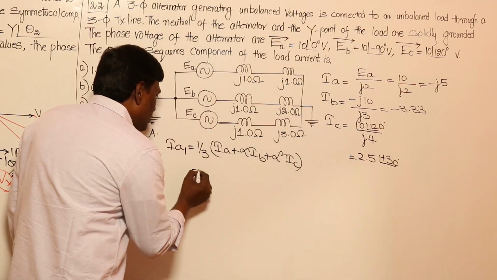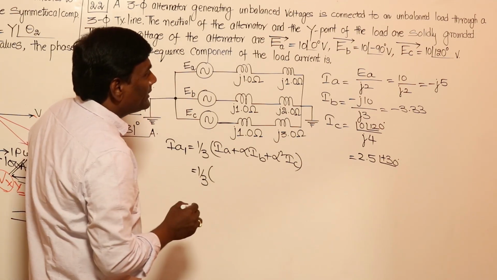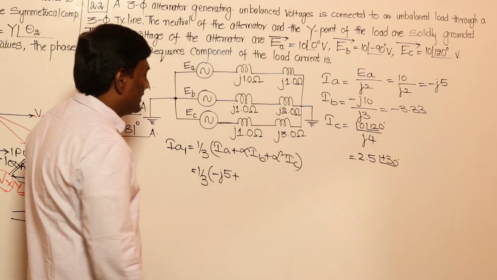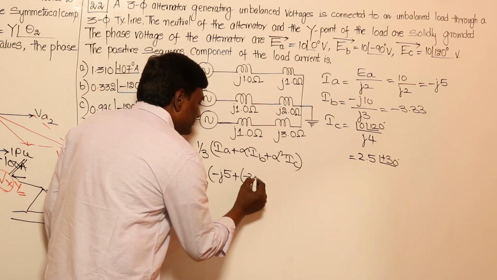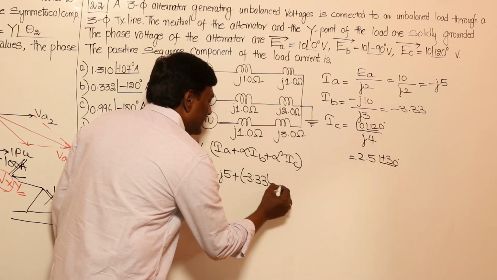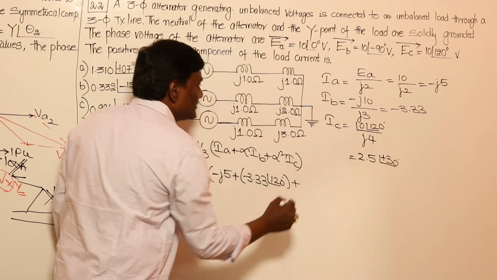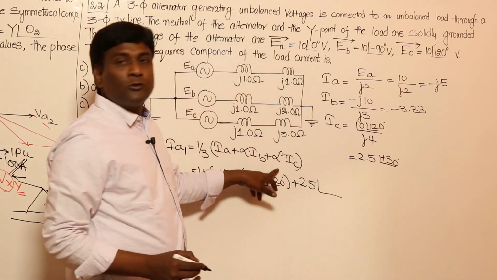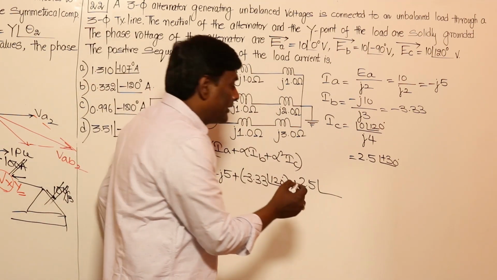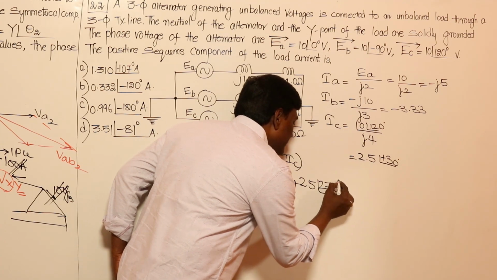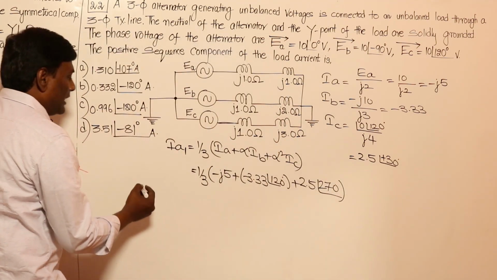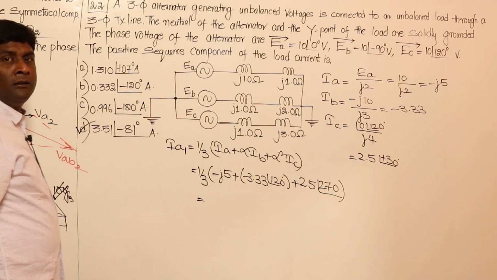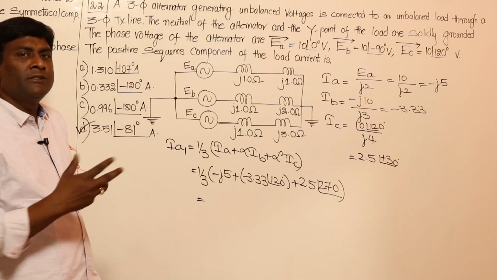So this is going to be 1/3 of IA, minus J5, plus IB, minus 3.33, times alpha at an angle 120, plus IC, 2.5 at an angle 30, times alpha square. 30 plus 240 is going to be 270. So if you calculate, you are going to get 3.51 at an angle minus 81. In this way we are going to solve.